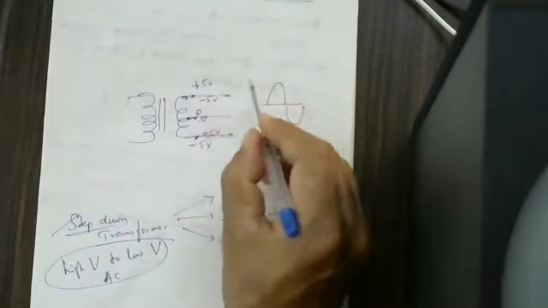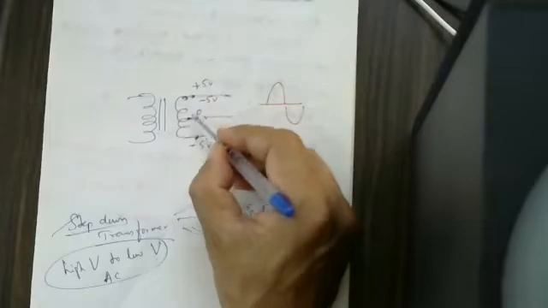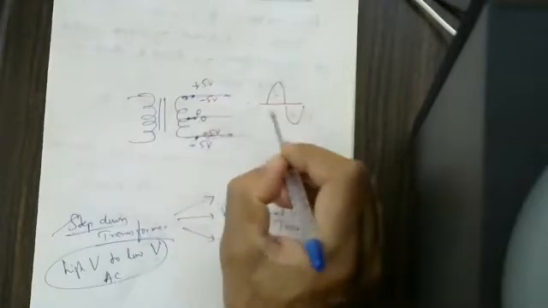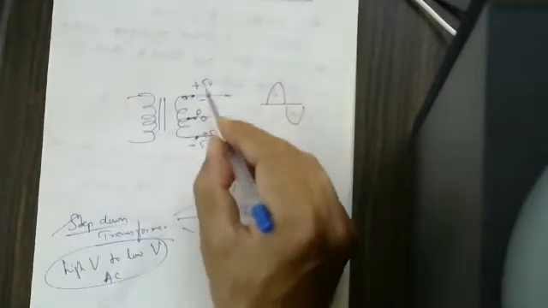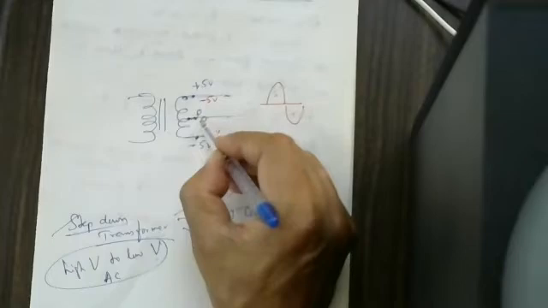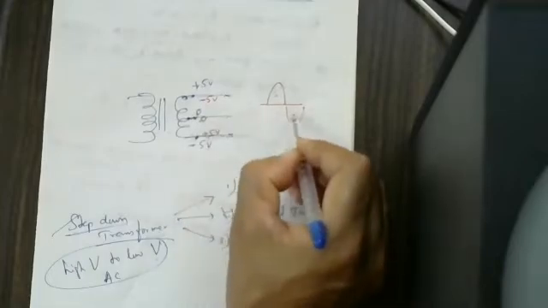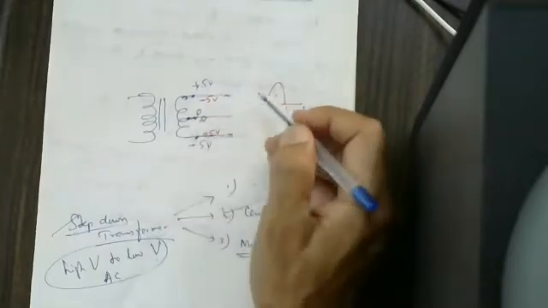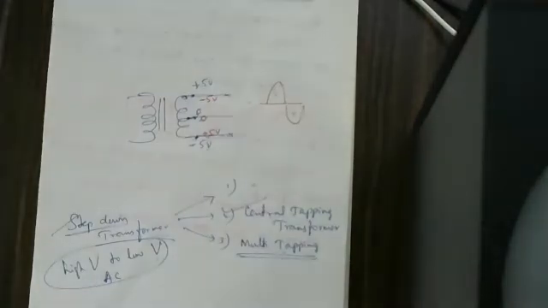During the positive half cycle, between this point and this point, this is positive, this is negative. During the negative half cycle, this is negative, this is positive. So don't forget, it is comparison with respect to each other.